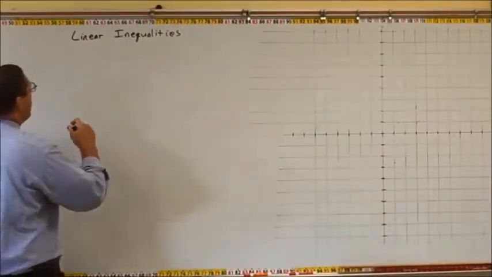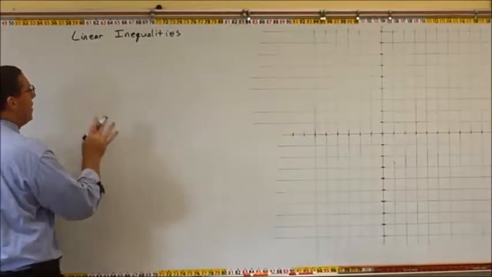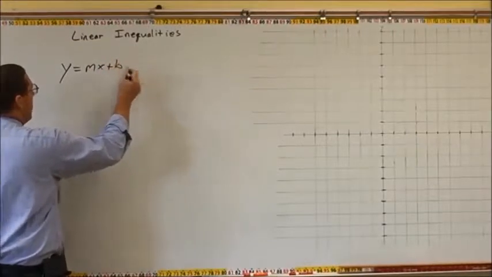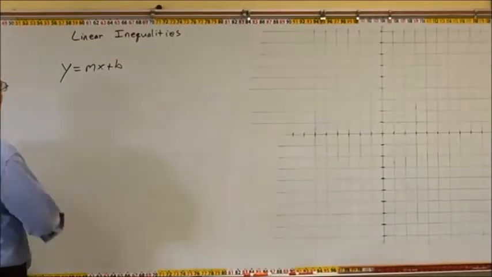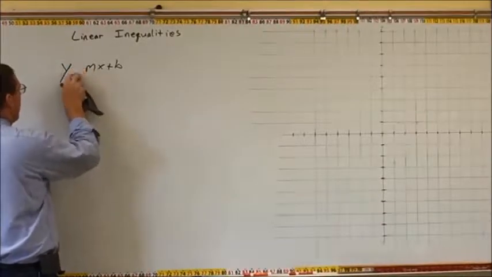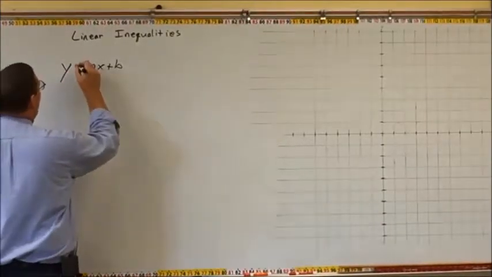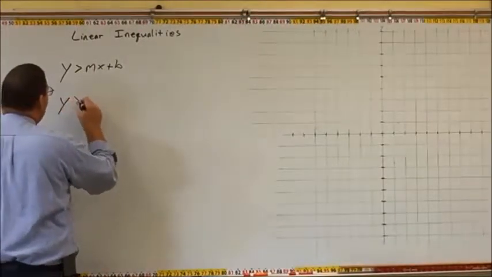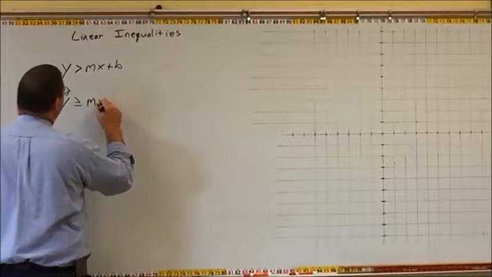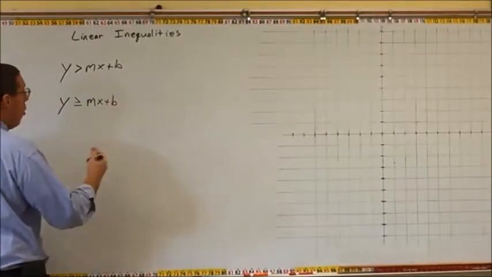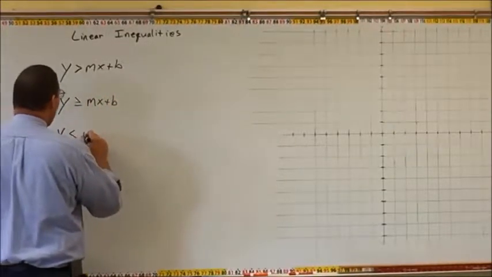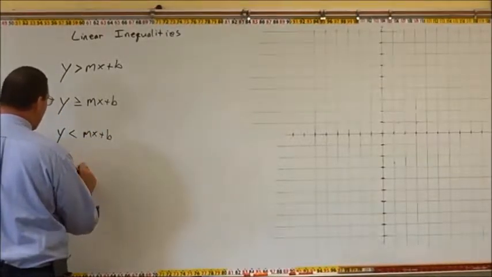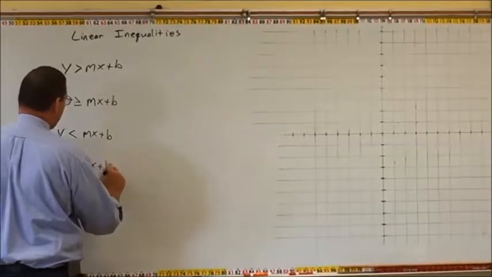Here's the idea. Linear inequalities are basically line equations, like y equals mx plus b, right? But instead of y equals mx plus b, it's going to be y is greater than mx plus b, or y is greater than or equal to mx plus b, or y is less than mx plus b, and the fourth possibility, y is less than or equal to mx plus b.